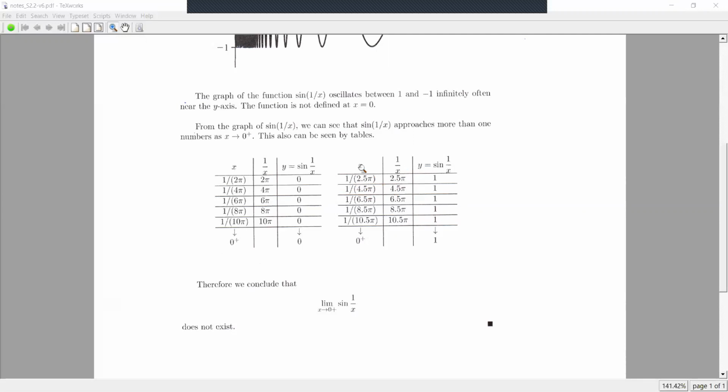So as x approaches 0 by taking on these points, the function approaches 1. So when x approaches 0, the function approaches at least 2 different numbers. Therefore, we conclude that this limit doesn't exist.